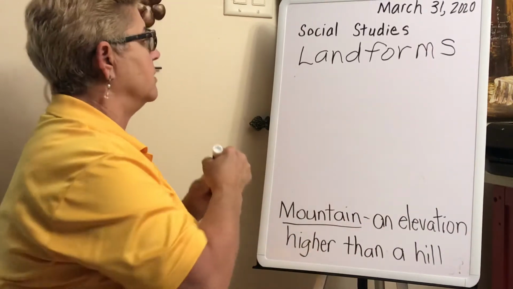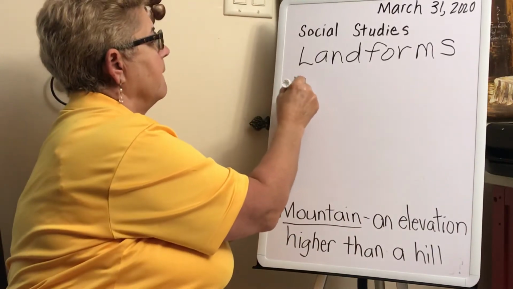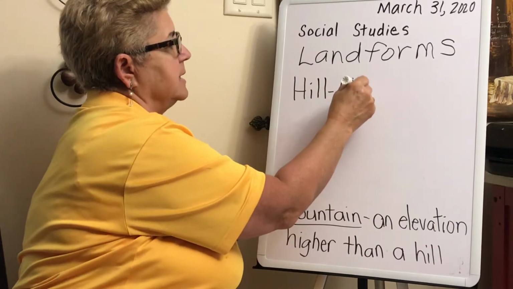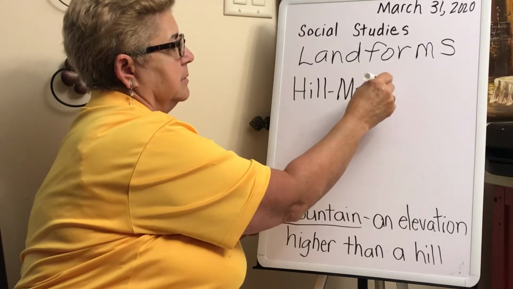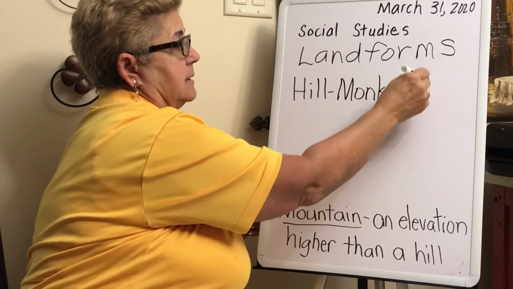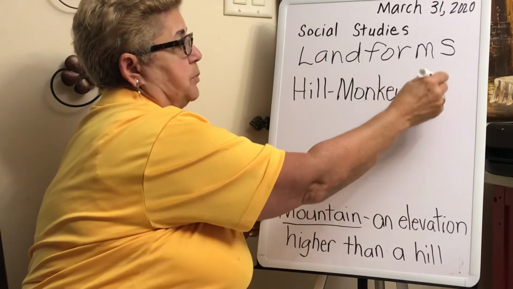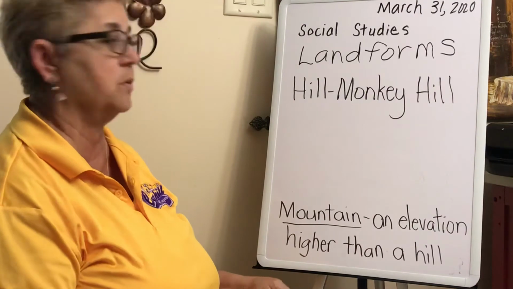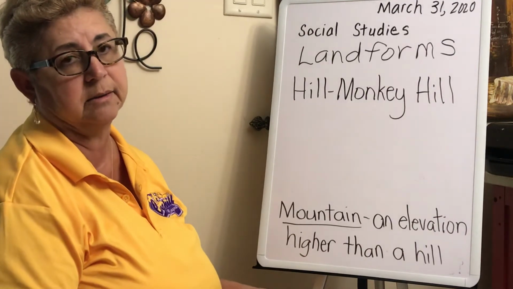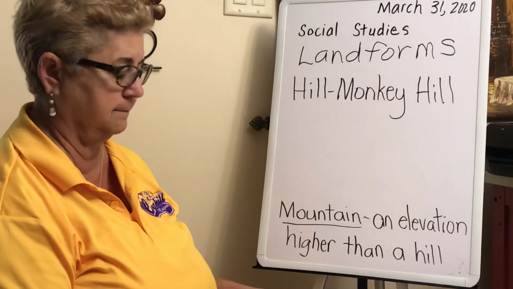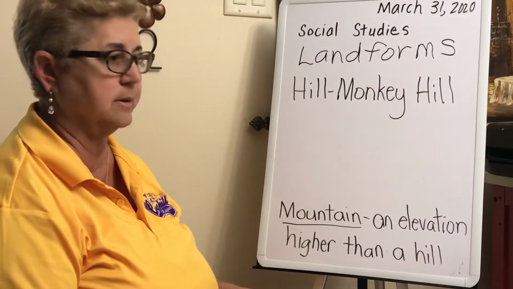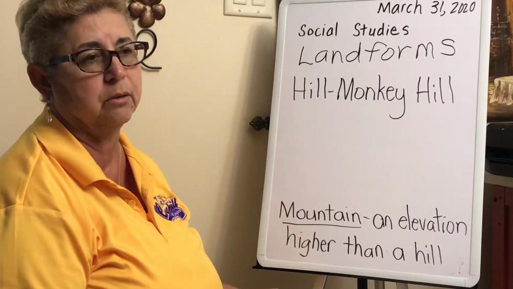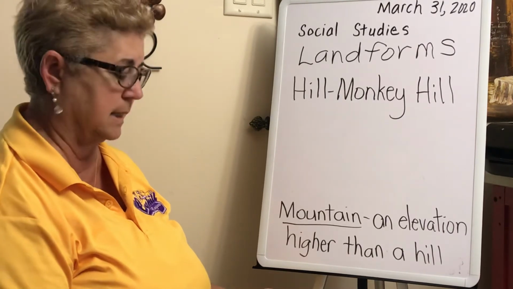We're going to say hill, and we're going to write Monkey Hill. Monkey Hill is at the zoo, and it's really nice. They have improved it so that it's so much fun to go up, and you can go all the way to the other side. There's a little pond that you can walk in, and there's some kind of a little tunnel that you can go through, and there's a rope that you can climb.